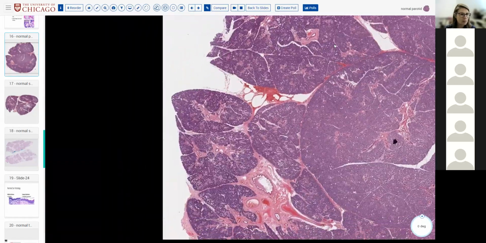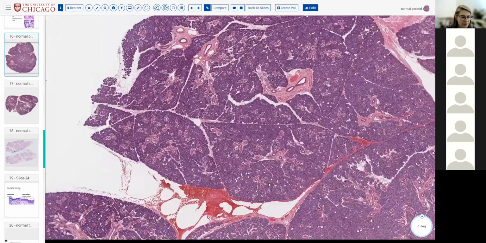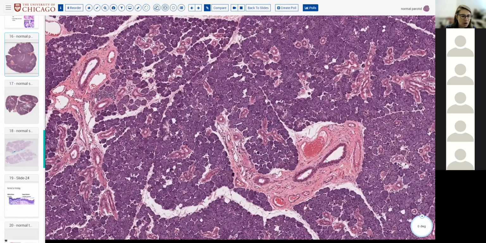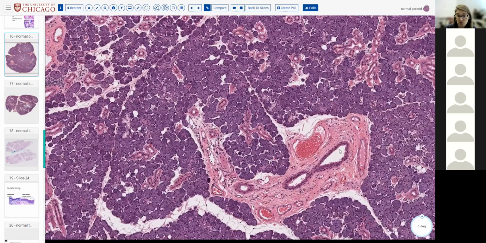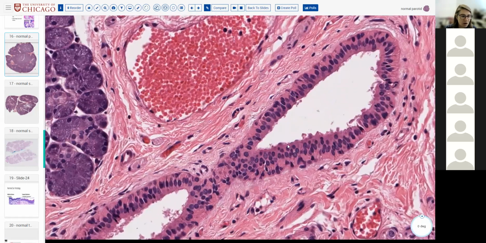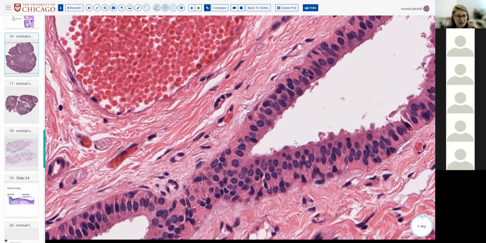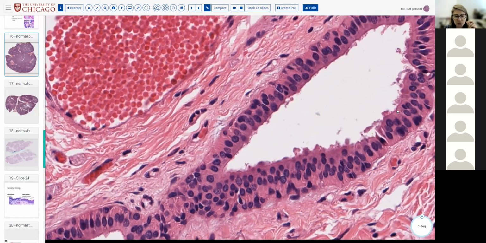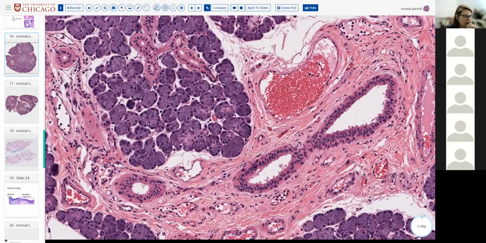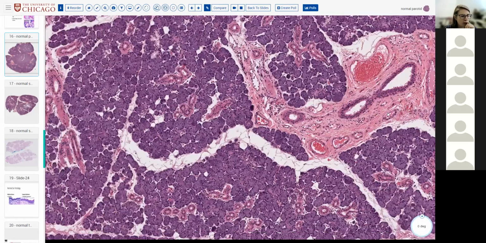So depending on where you are, you may see very, very small ducts within the tissue, and you may see somewhat larger ducts accompanied by arteries and veins as they start to excrete into the world. These also tend to have maybe little ciliated or microvilli or apocrine structures at the lumen here, at the brush border. I don't know if we really call it a brush border, but there we go.